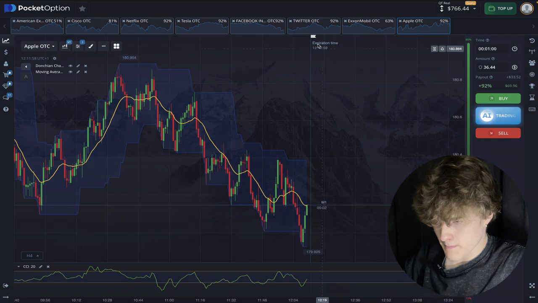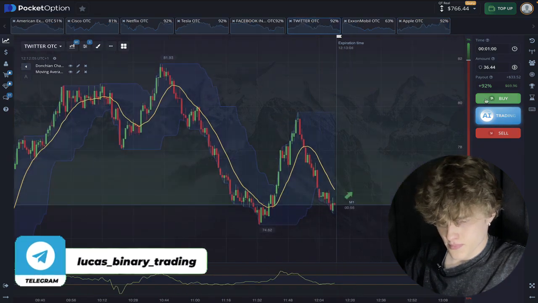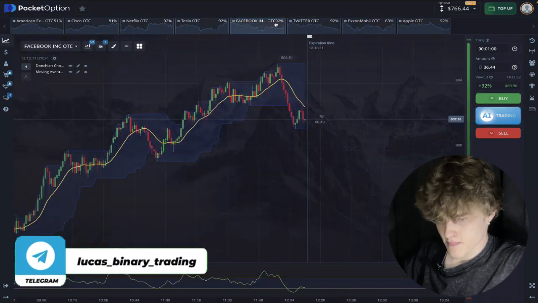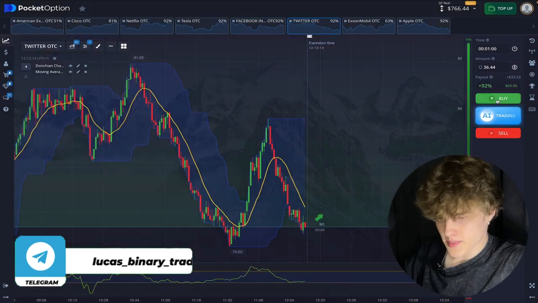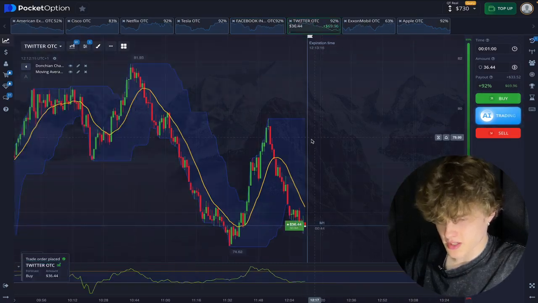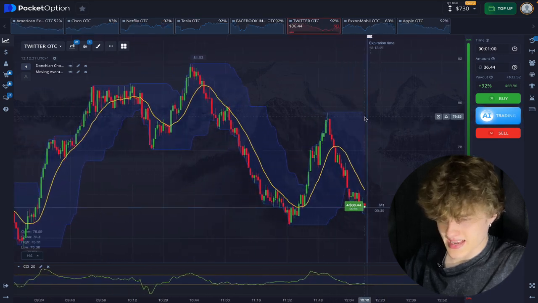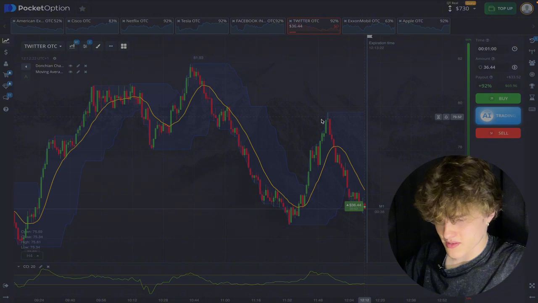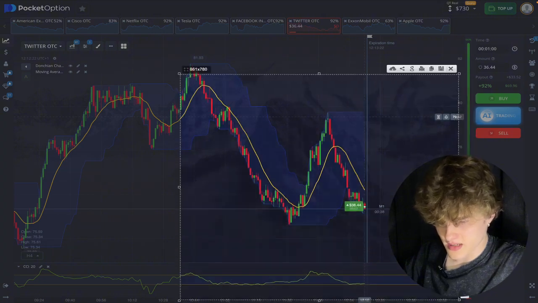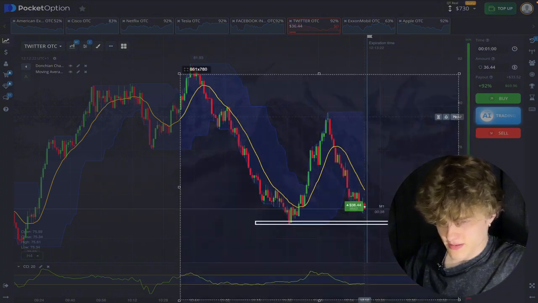Let's continue. Okay, let's try to open a position here again on the formation of the extreme points. But here I don't like the entry point because we have not broken through this touching level.